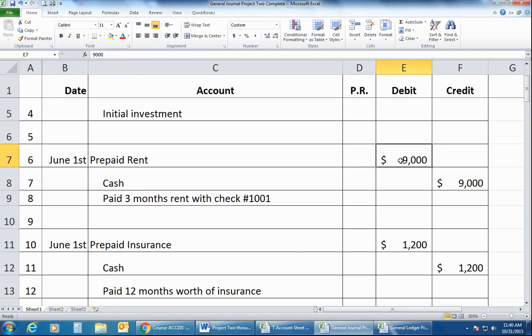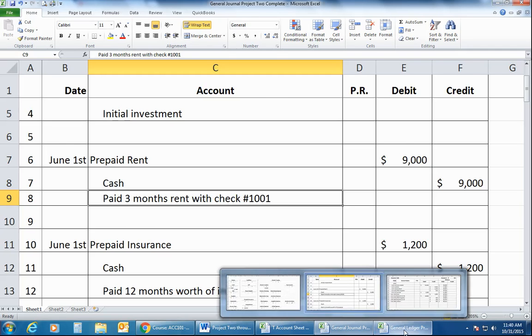We're going to enter $9,000 for the debit side. At the same time, we're going to have a credit entry of cash, again indented so that we can see that they are both separate types of transactions. And then we have the cash on the credit side. And finally, a memo showing that this was 3 months worth of rent that was paid with check 1001.